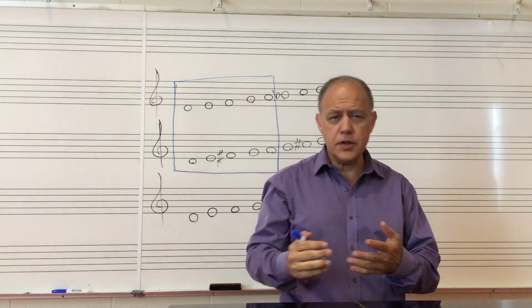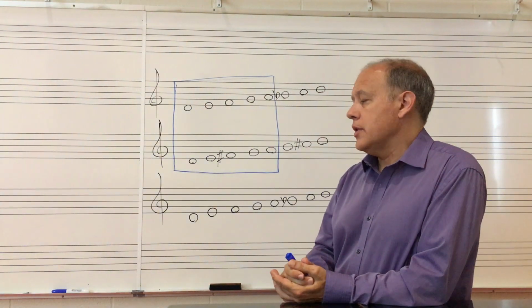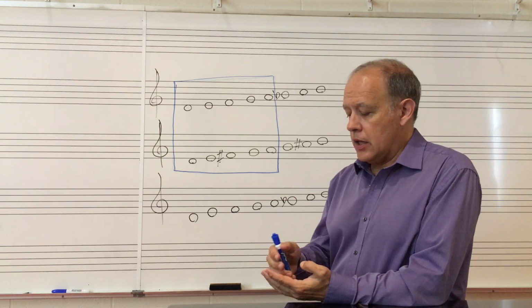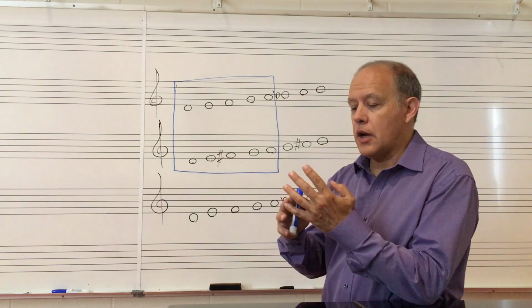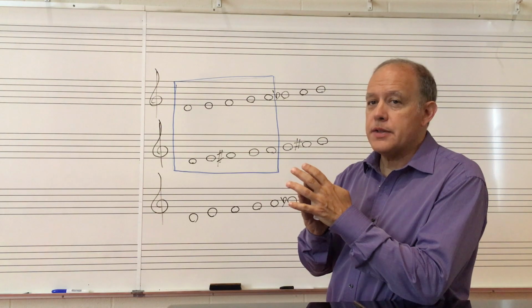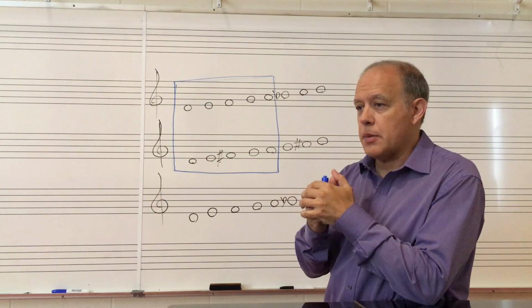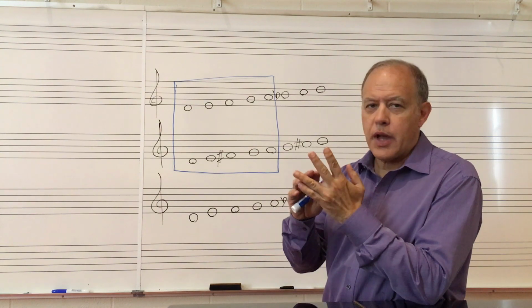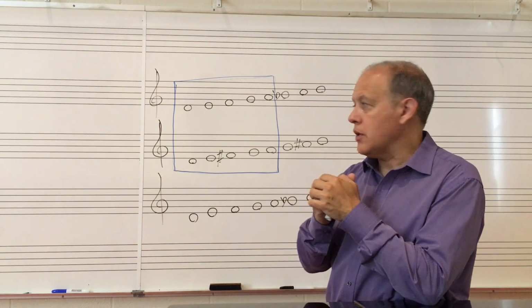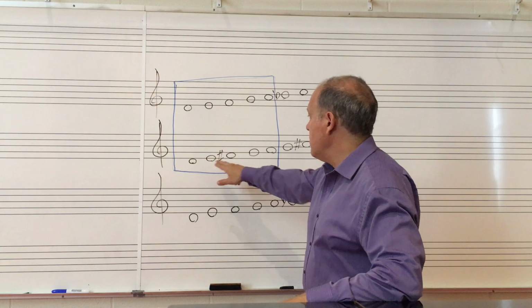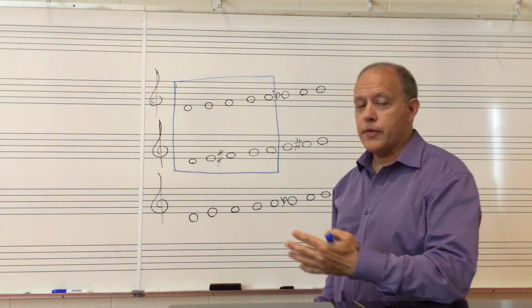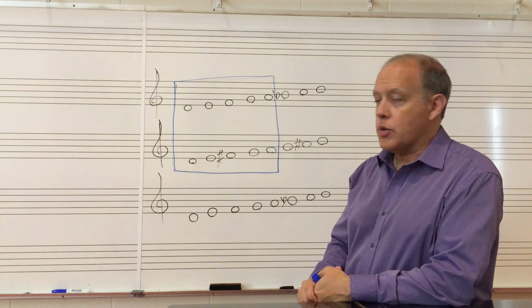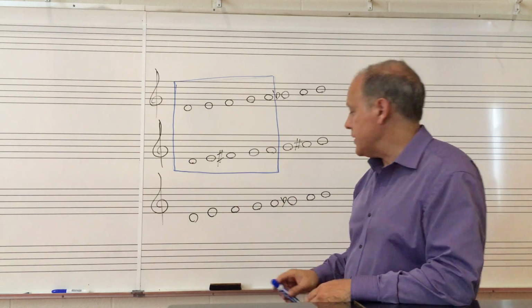And just like we've used the term tetrachord before to describe a collection of 4 notes that are related to each other in stepwise fashion, so a combination of whole tones and semitones, our particular interest was the diatonic tetrachord, where we had a whole tone and a semitone. We can focus on these 5 notes and refer to them as the pentachord, the lower pentachord for these scale types.